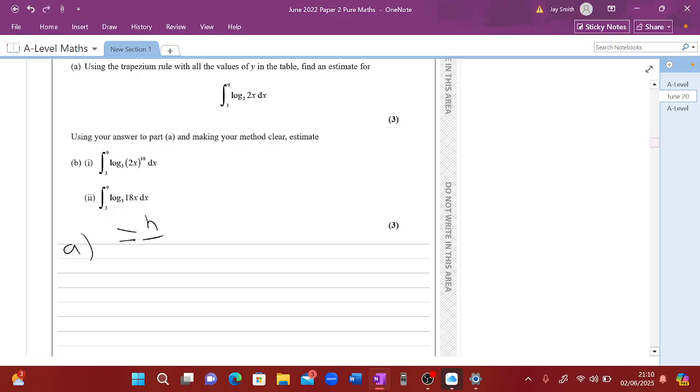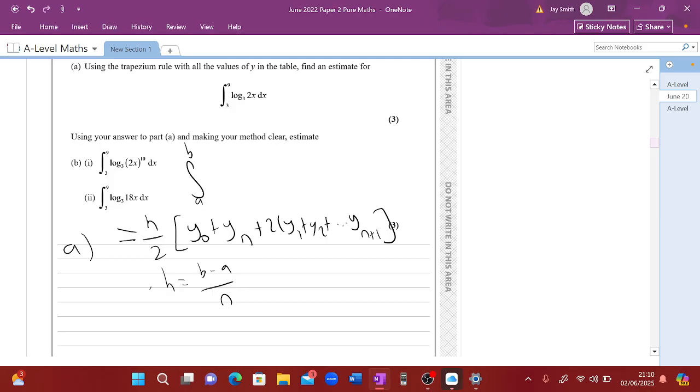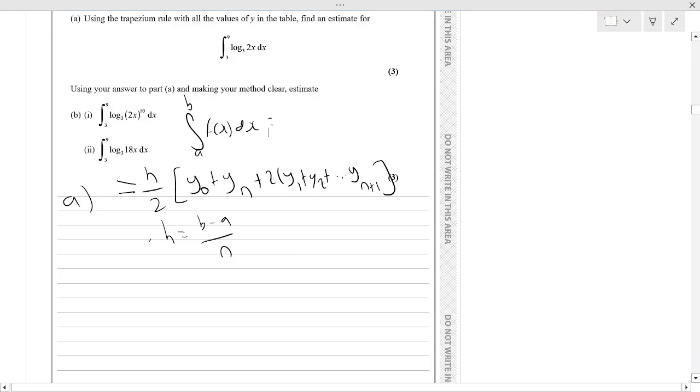The integral is h over 2 of y0 add yn add 2 lots of y1 add y2 add all the way to y n minus 1, where h is b minus a over n. And this is the integral from a to b of f of x dx. That's what's written in the formula book, essentially, so you don't have to memorize that bit, but you do need to know how to use it.